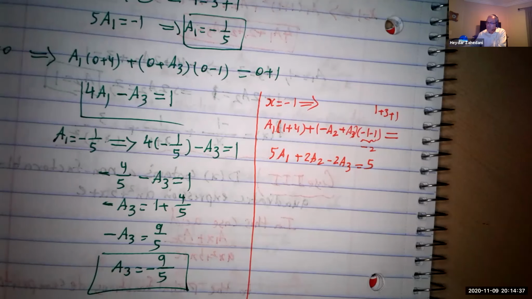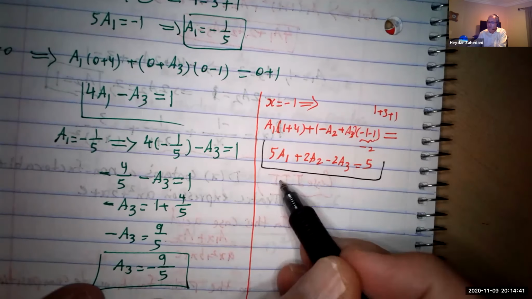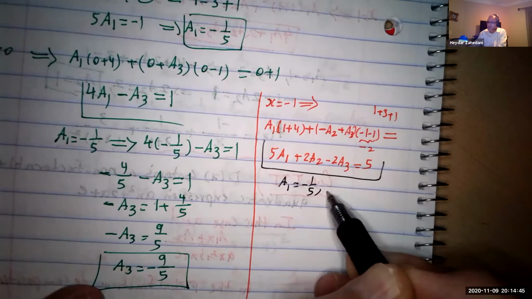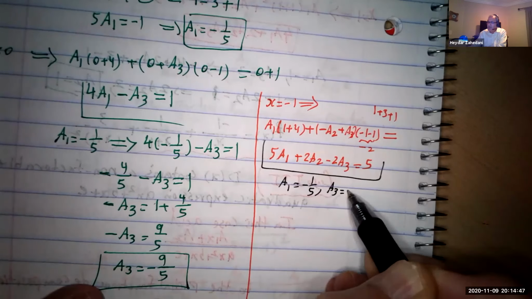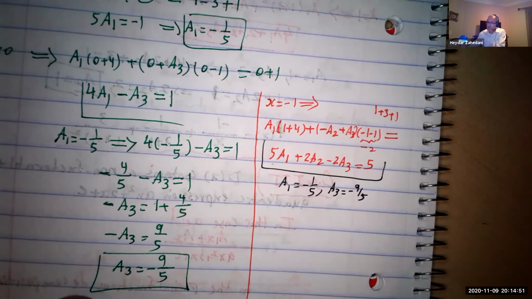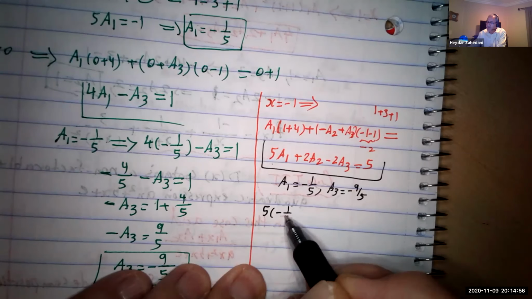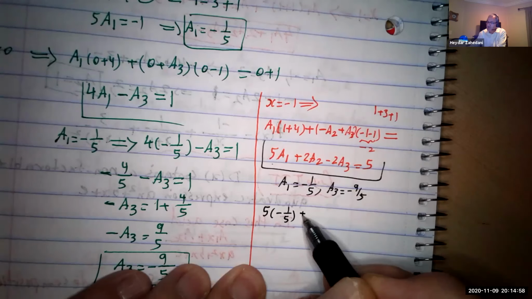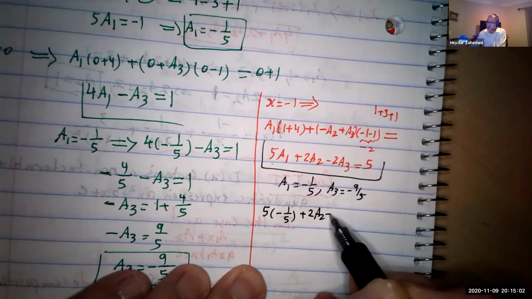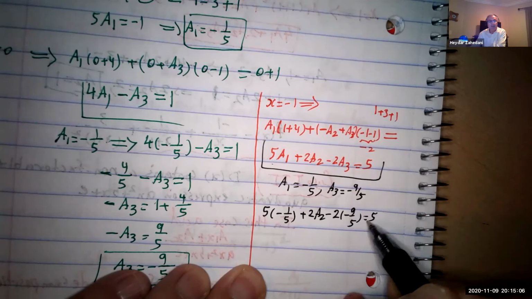Okay, but what do we have? You have the a1, which is negative 1/5, and the a3, which is negative 9/5. So you substitute here to get your result. So it's going to be 5 times negative 1/5, plus 2a2 is missing, minus 2a3, negative 9/5, equal to the 5.